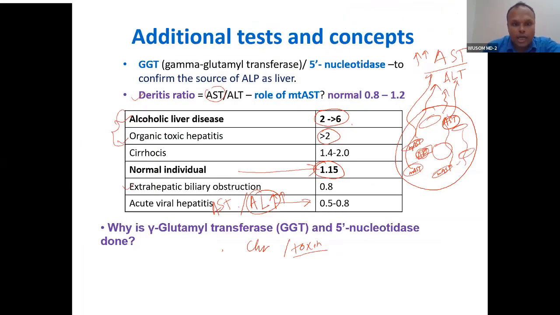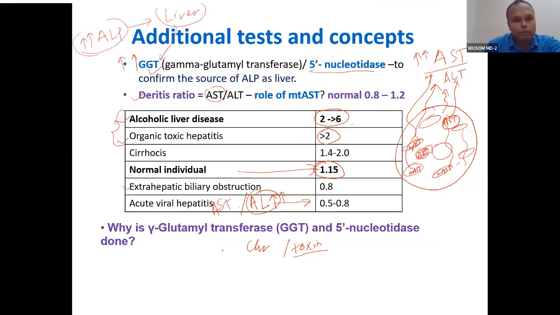You can do one extra test, gamma glutamyl transferase, or you can do 5' nucleotidase. If this enzyme is high along with ALP, what do we understand? That this ALP is derived from the liver, because liver damage has caused elevation of this enzyme also.